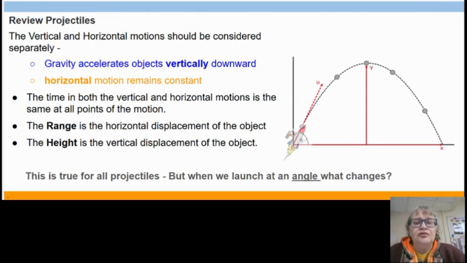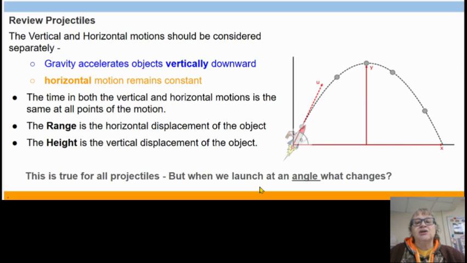The time in both the vertical and horizontal motions is the same at all points in the motion. The range is the horizontal displacement of the object, and the height is the vertical displacement of the object. These are all true for all projectiles. It doesn't matter how they're launched.